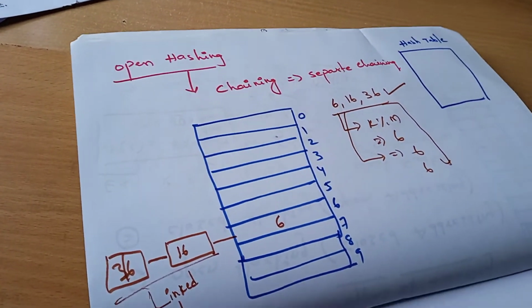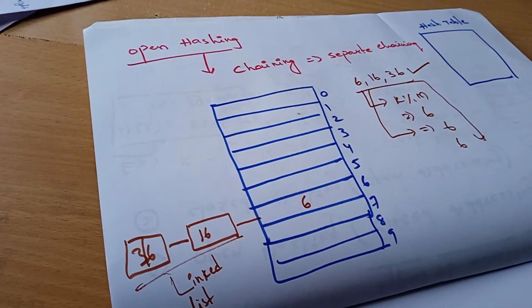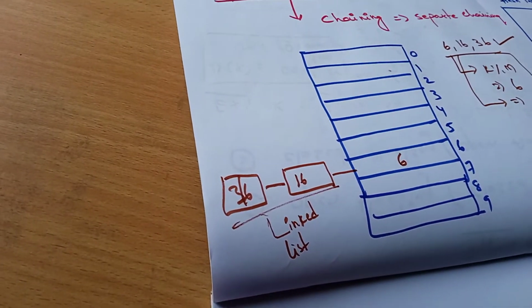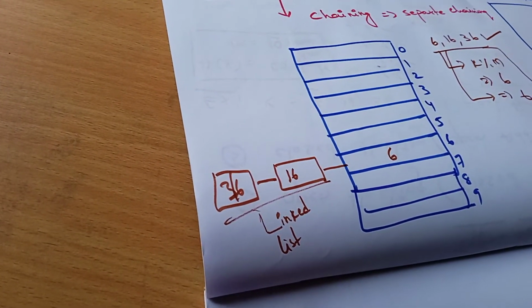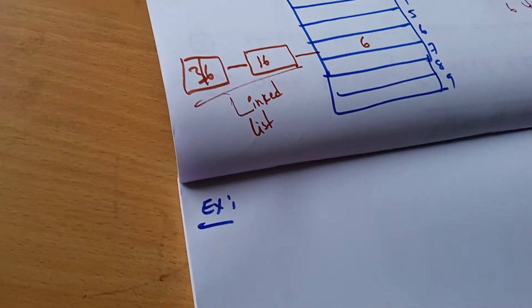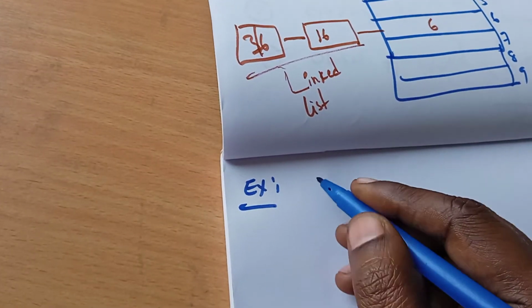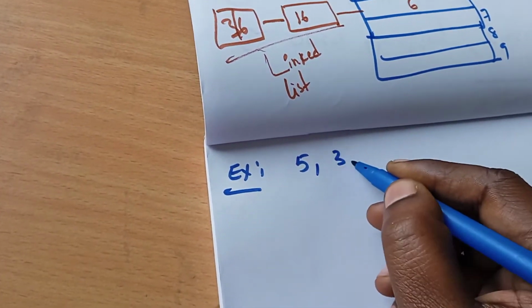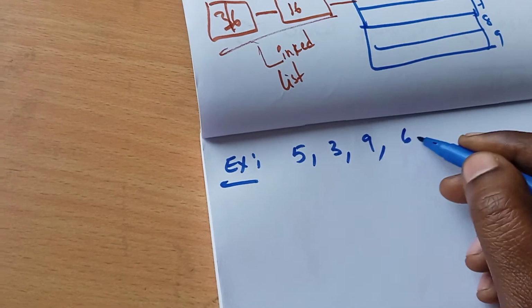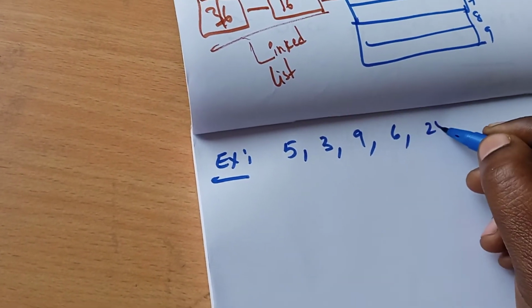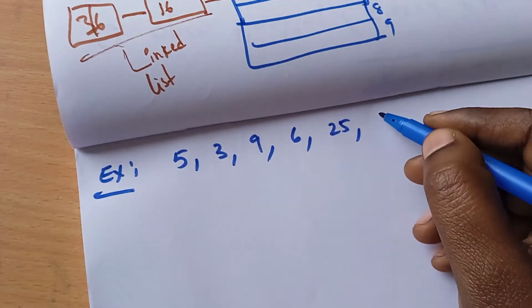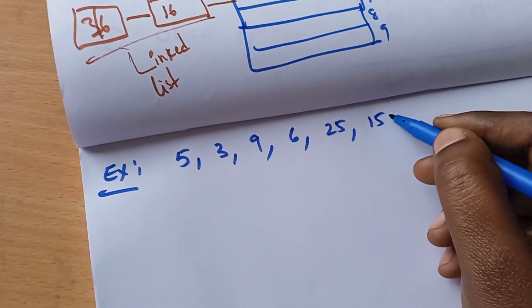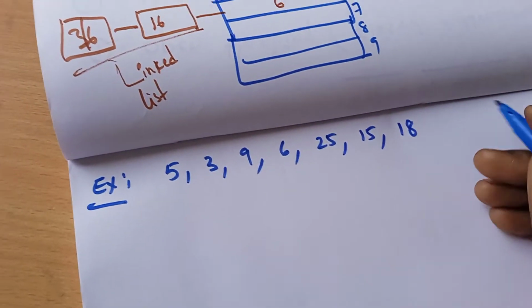Okay. Now let's see one example. The example: 5, 3, 9, 6, 25, 15, 18.